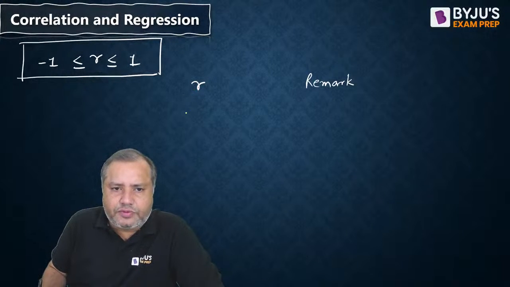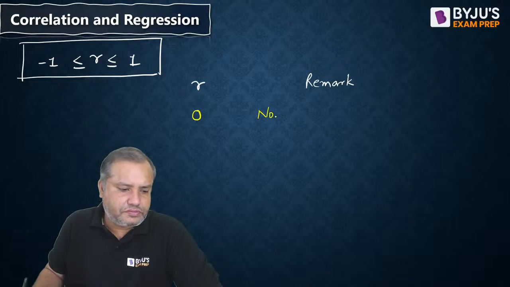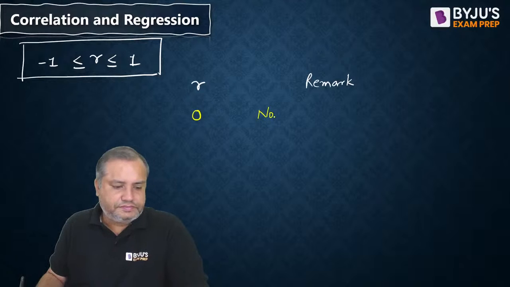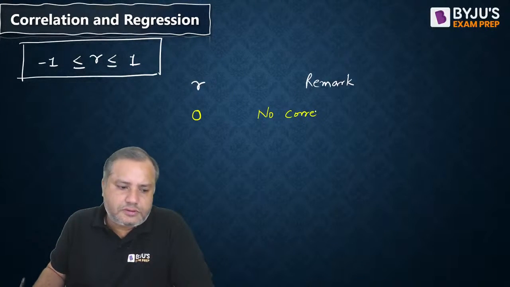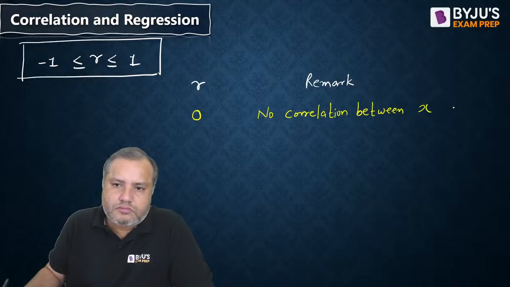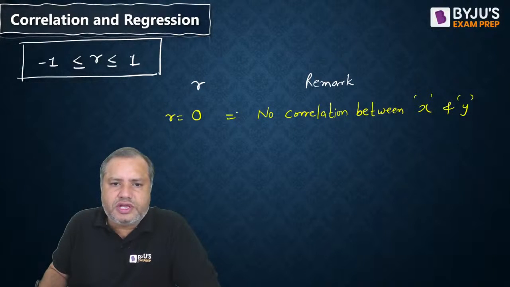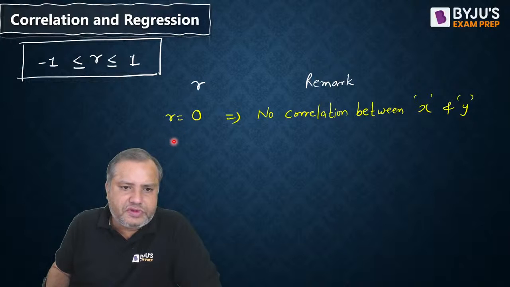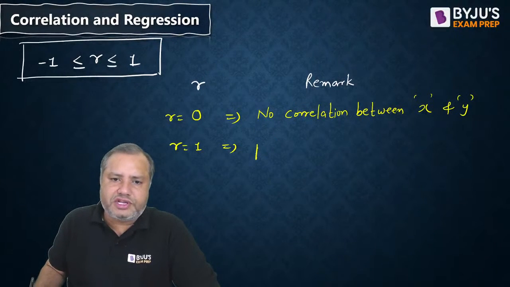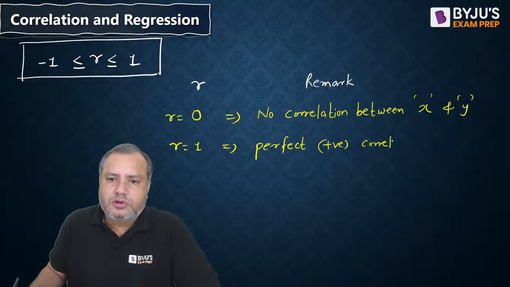So when the value of R is 0, when the coefficient of correlation is 0, we say no correlation between X and Y. And when R is equal to plus 1, it means perfect positive correlation between X and Y.